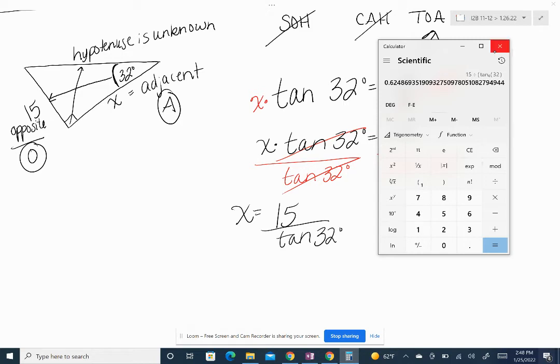And I don't think that worked like it was supposed to. Okay, let me try this again. I'll just do tangent of 32. Okay, so 0.6249.